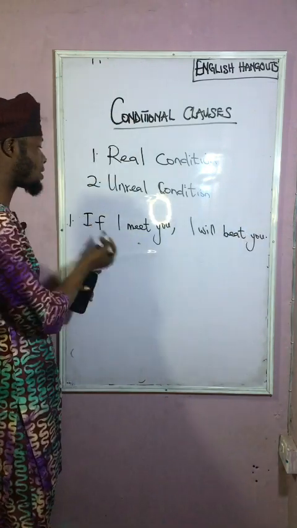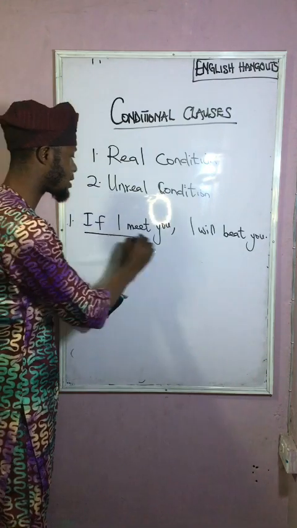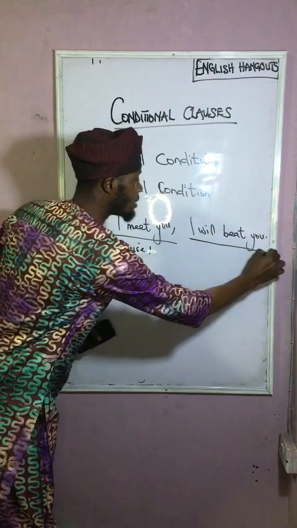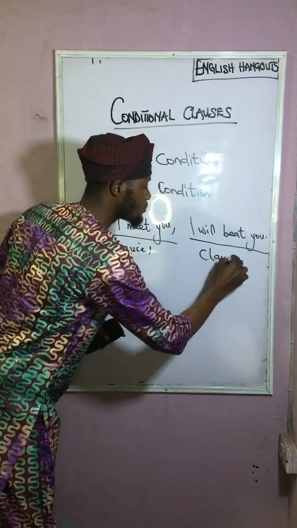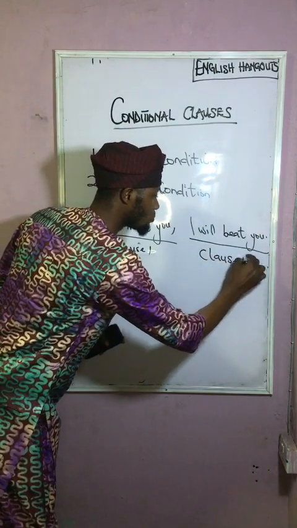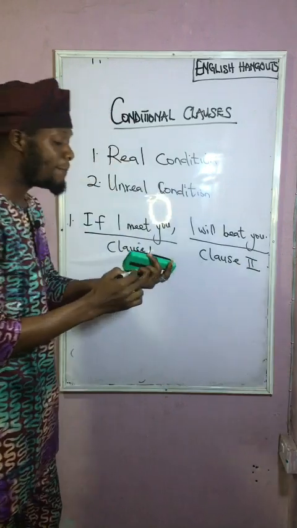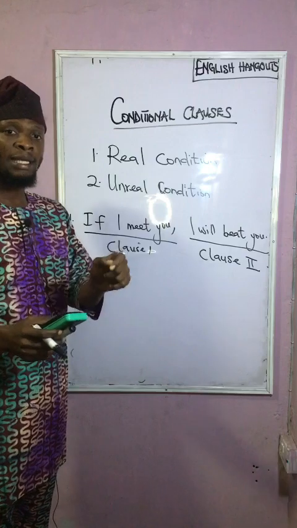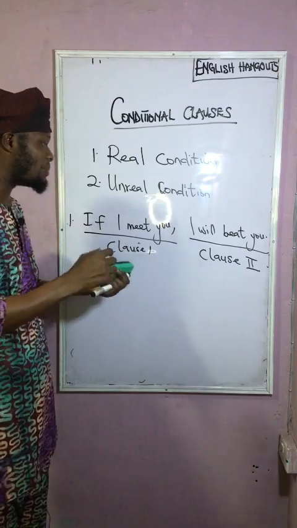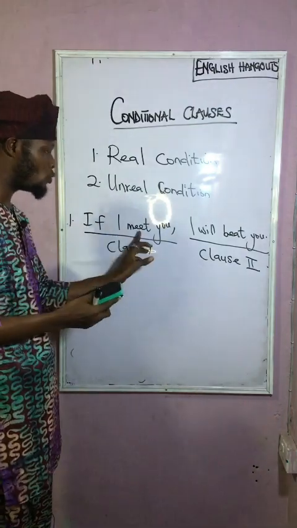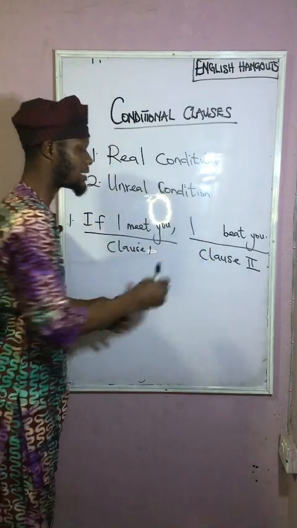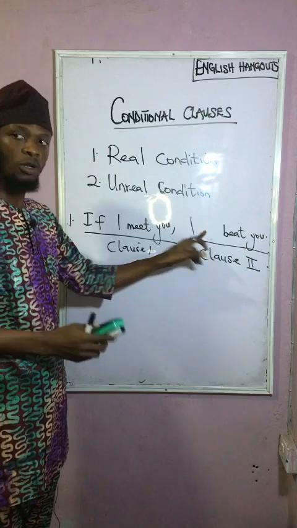The first is clause 1, the second is clause 2. Many a time in JAMB and WAEC, the examiner may give you the first verb and at the same time omit the second verb.